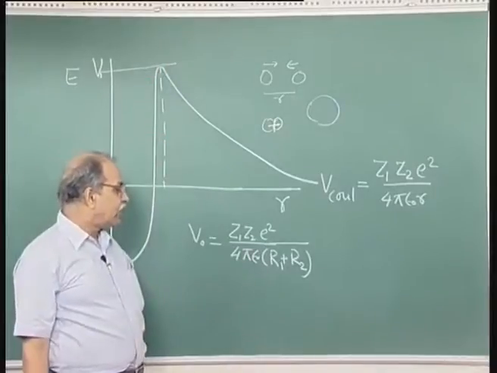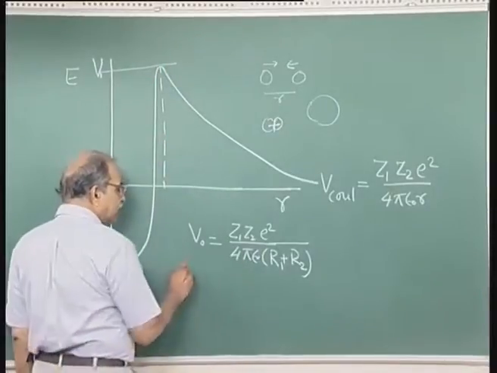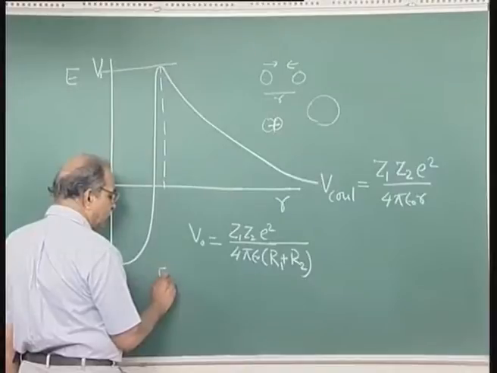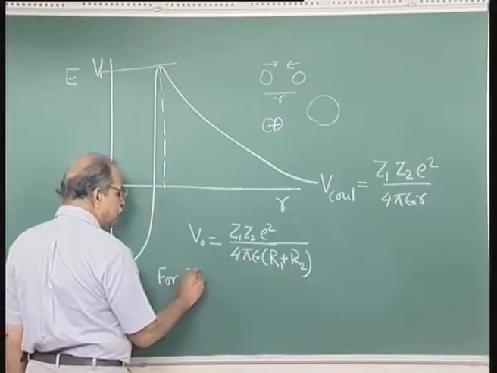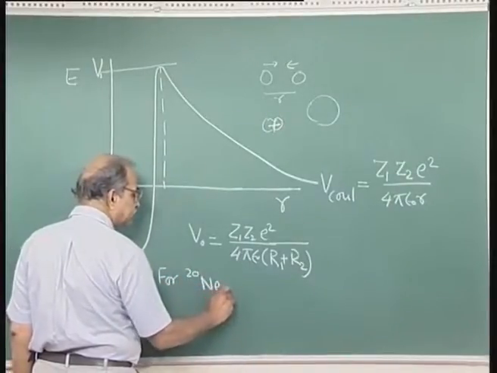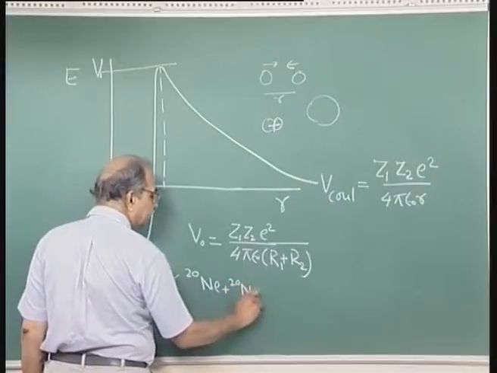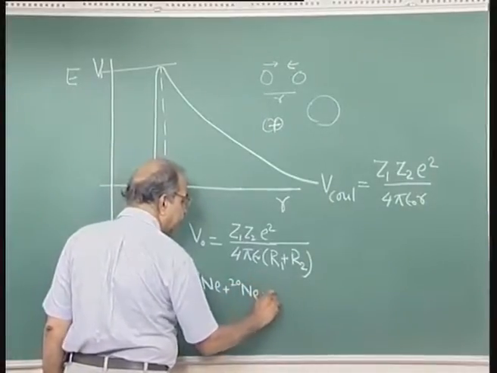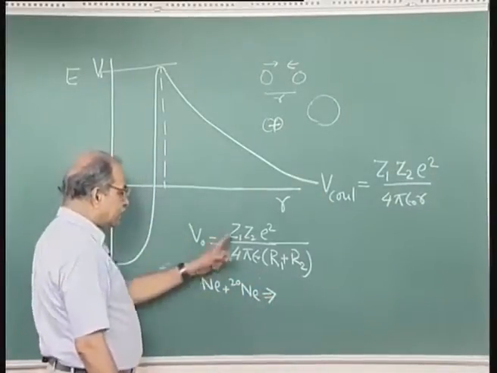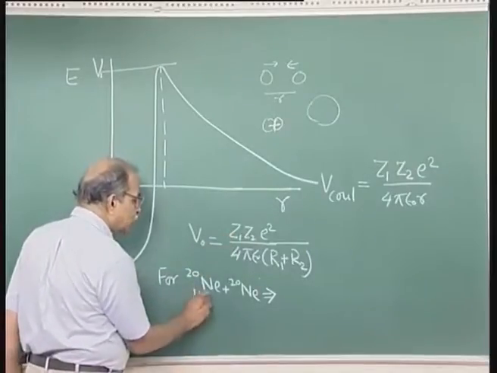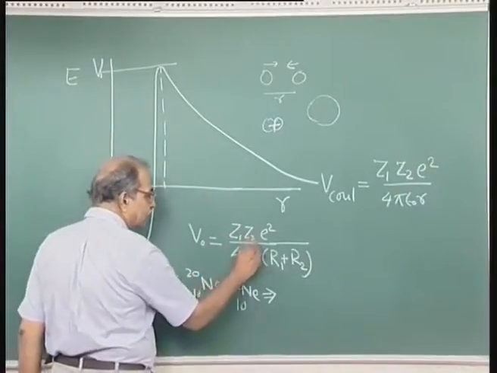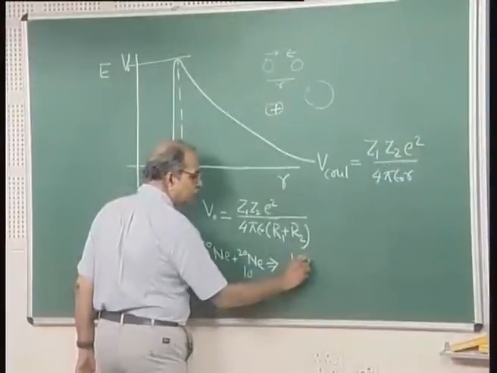We can estimate how much it is. Let us take again the same example of 20 neon plus 20 neon. Z1 is 10, Z2 is 10, so Z1 Z2 is 100.